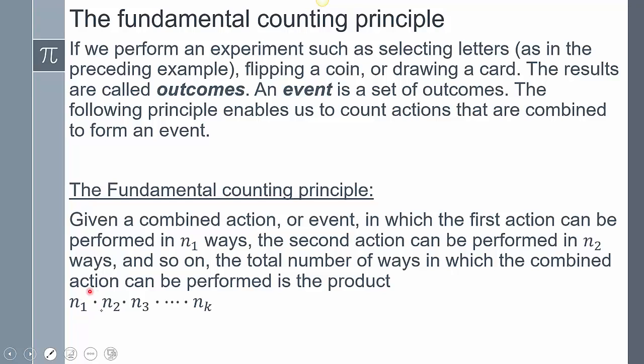And so you're going to be multiplying them together. If we're performing an experiment, such as selecting letters like in the previous example, or flipping a coin, or even drawing a card, that result is called an outcome. And then an event is the set of all of those possible outcomes.